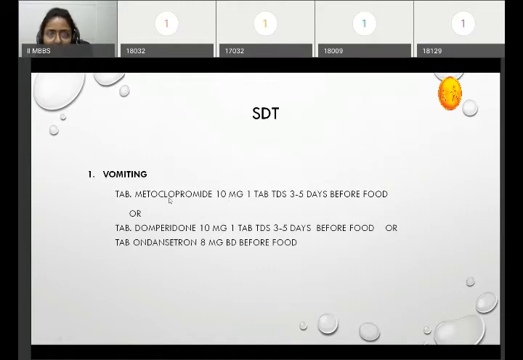This is the metoclopramide mechanism of action. It is given in the dose of 10 milligram, 1 tablet, TDS for 3 to 5 days, before food.